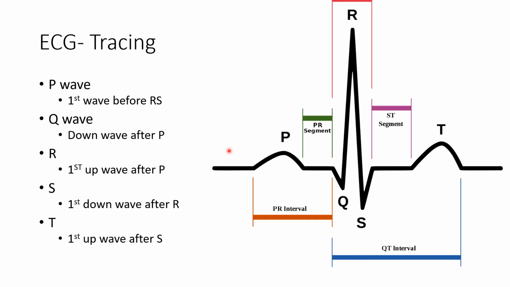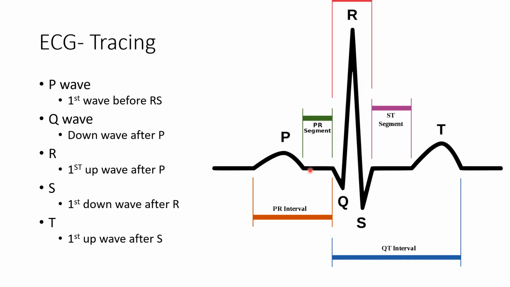Here is a typical ECG tracing of a heartbeat. I've labeled all the segments, and we're going to define what they are based off their morphology, and not necessarily what they represent. And there's a reason for that. So let's go through it first, and then I'll show you the reason. Here we have the P wave, which is the first wave prior to a QRS wave.